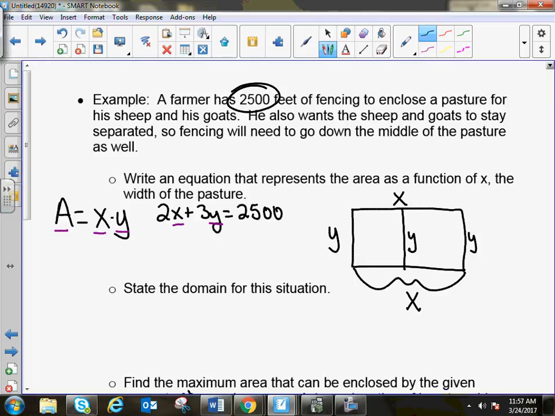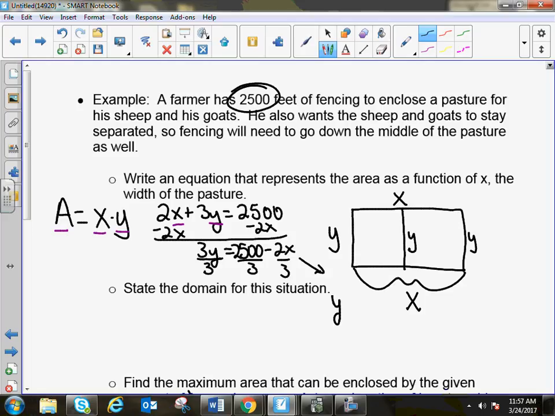So, to solve for y, I'm going to subtract 2x. And then I'll have 3y equals 2,500 minus 2x. Divide by 3. 3 doesn't go into 2,500 evenly. I'll write this down here.